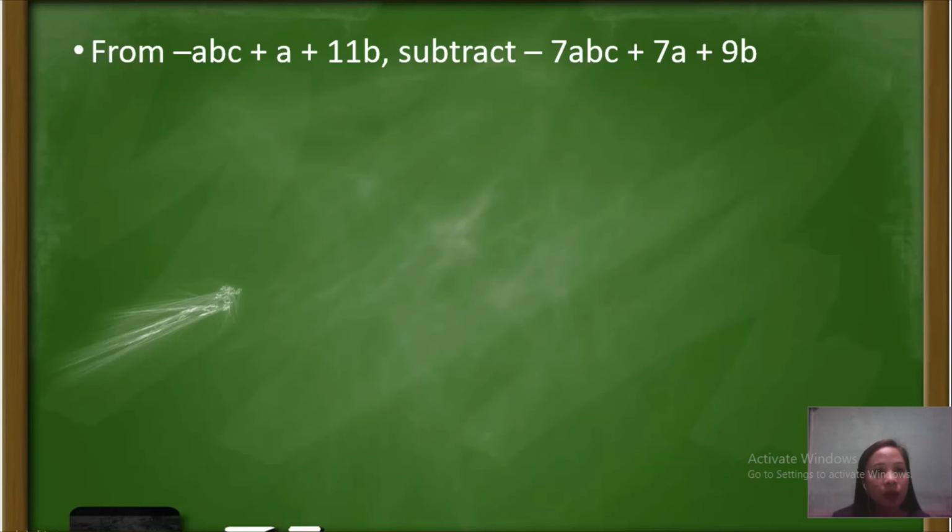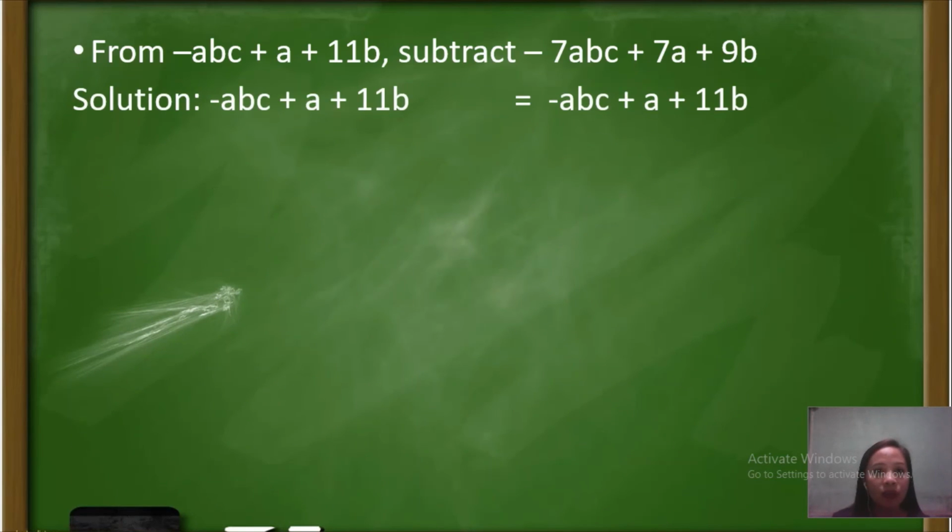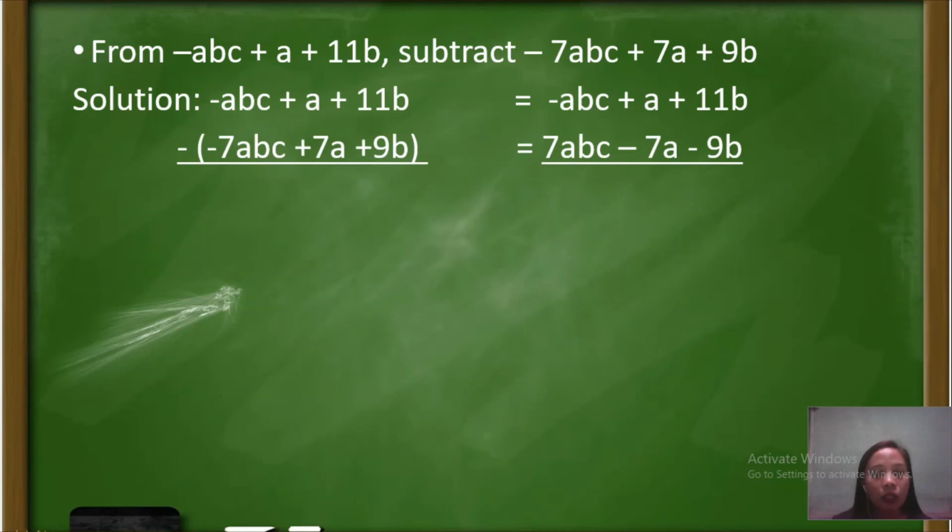Another example, from negative abc plus a plus 11b, subtract negative 7abc plus 7a plus 9b. So we have negative abc plus a plus 11b, you're just going to copy, and the subtraction, you're going to put a parenthesis. Negative times negative 7abc, that is equal to 7abc. Negative times positive 7a, that is equal to negative 7a.